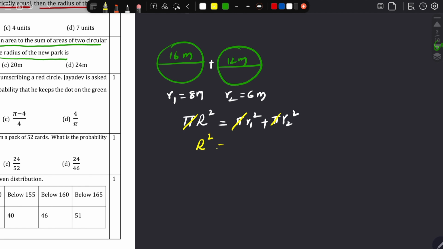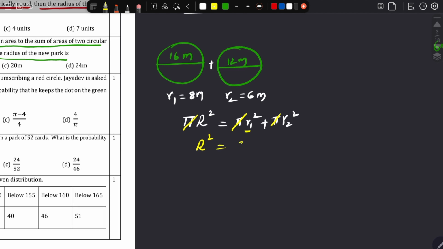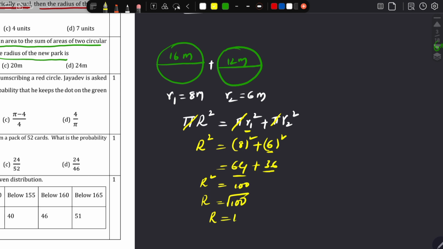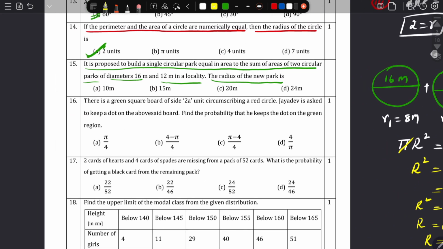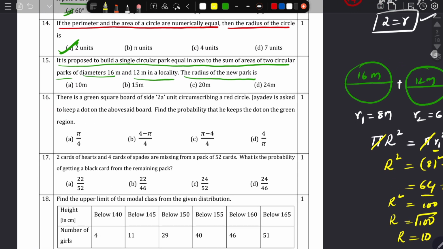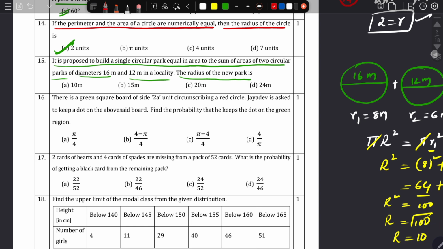So capital R square is equal to r1 which is 8 square plus r2 which is 6 square. Therefore 8 square is 64 plus 6 square is 36. Then 64 plus 36 is 100. Then R square is equal to 100. I can find R is equal to square root of 100, which is 10. Therefore, the radius of the required new park will be 10 meters. So option A is the right answer.